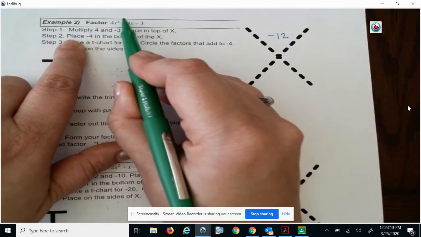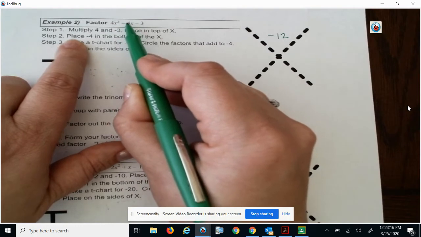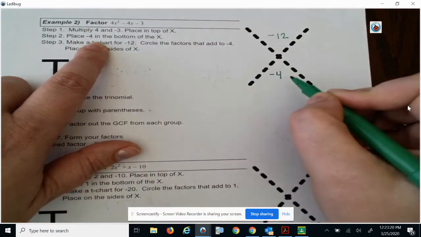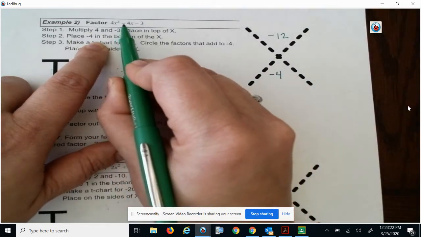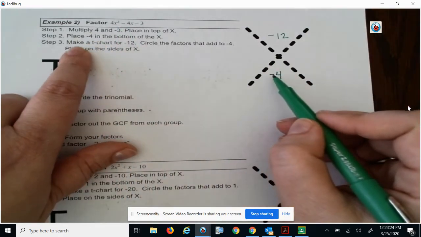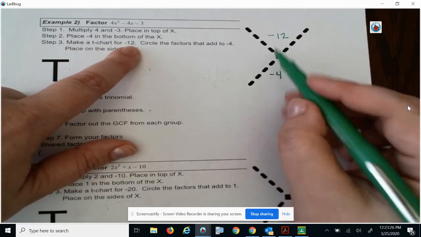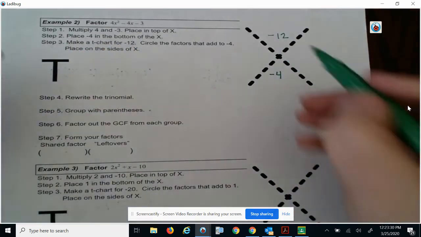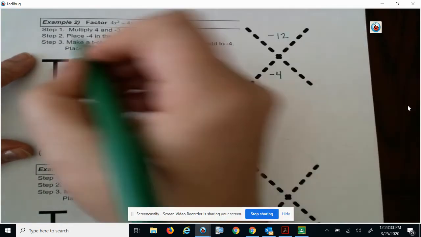And then our middle number goes in the bottom of the x. So the negative 4, again, keeping in mind what that sign is in front, we're going to keep that sign. And then we're going to make a t-chart for negative 12 and circle the factors that add up to negative 4. So this top number is what you're factoring.